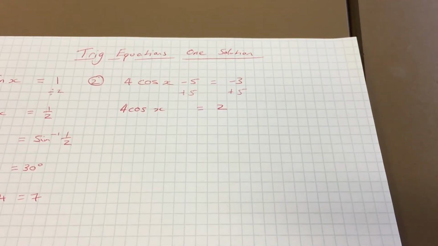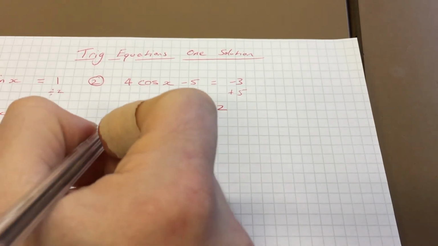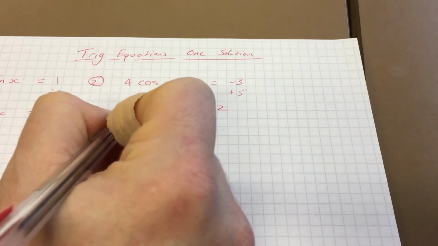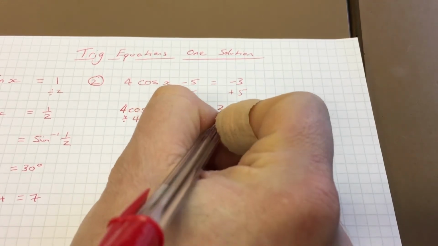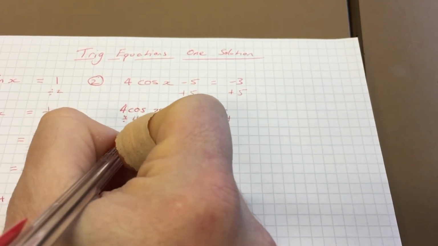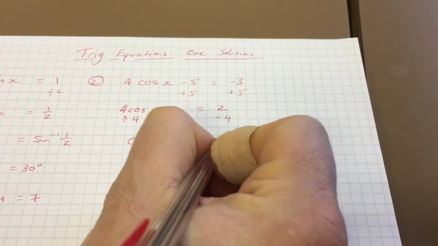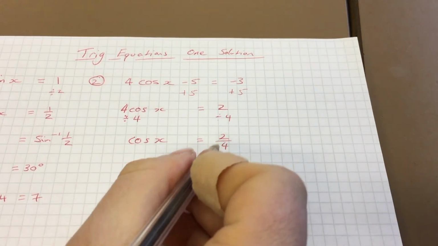And then we want to get rid of this 4. So we divide by 4, because it's 4 times cos x, so the opposite of multiplying by 4 is to divide by 4. And we get cos x equals 2 over 4. Now you could simplify it, so it's 1/2.